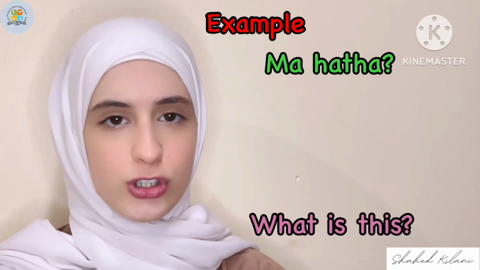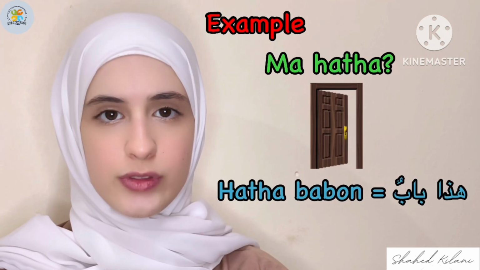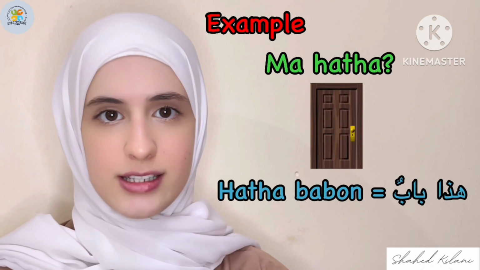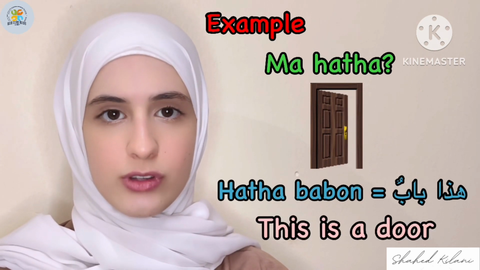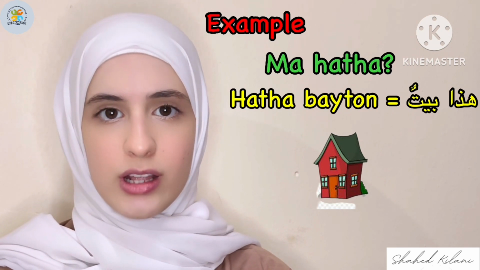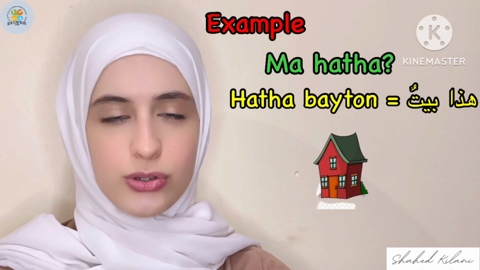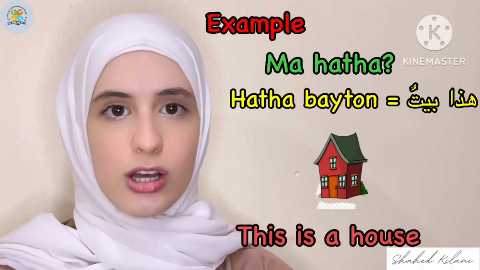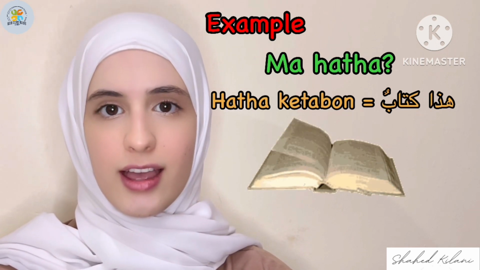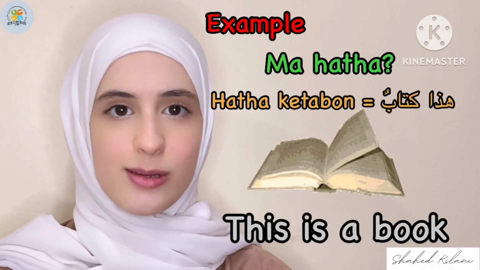The answers could be هذا باب, which means this is a door. Or هذا بيت, which translates to this is a house. Or هذا كتاب, which means this is a book.